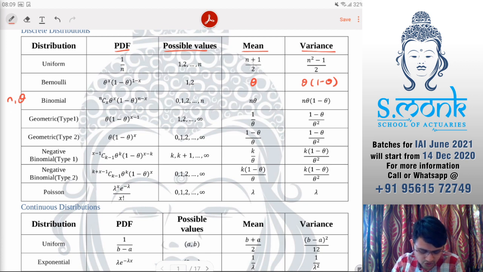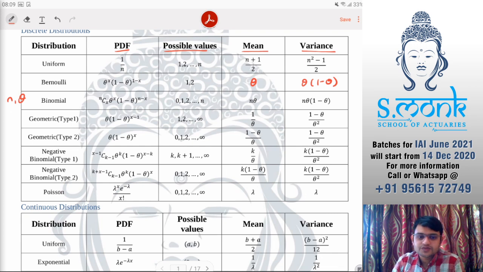In geometric, they will never give you the total number of trials. They will always say we are looking for the first success, or the number of failures before our first success. You have to look for those kinds of things. If they say what is the probability of getting your first success in this particular trial, the term first success makes it geometric distribution.